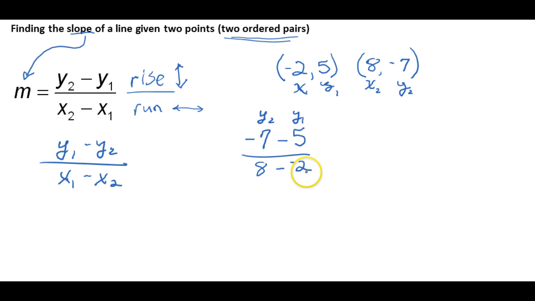And there's where the tricky part comes in, because these two cancel and make it actually addition. Okay, so you're going to wind up with a -12 over a +10, which simplifies to -6/5. So we have a negative slope.